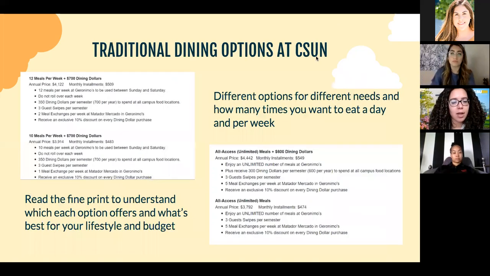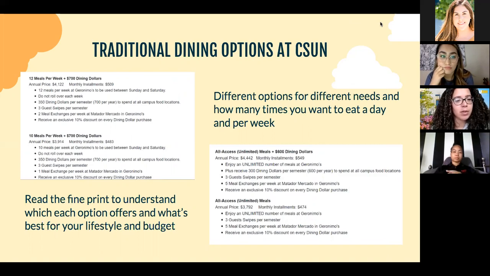And then we have different housing rates and dining options. So for your dining options, again, this is just an example for CSUN, but you can see how they break it down. You can have 10 meals per week, plus those 700 dining dollars, which is like that prepaid card I was talking about, where you can eat at different places on campus. They have a meal plan with 12 plus the dining dollars, and then all access, so unlimited plus 800 dining dollars.